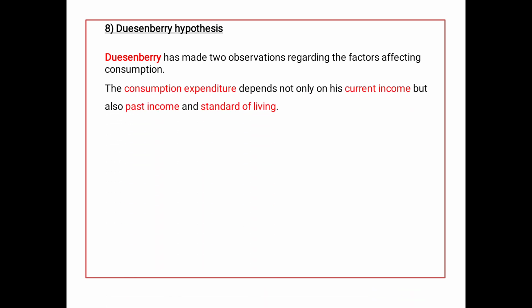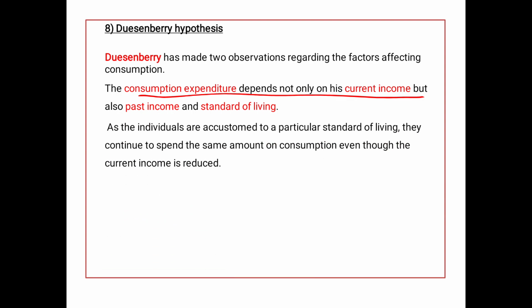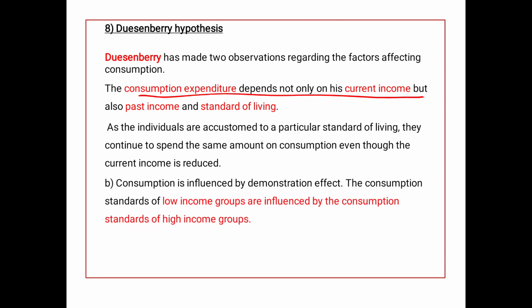First one is consumption expenditure depends always on the current income, but also on past income and standard of living. So your standard of living also depicts a person's consumption level. As individuals are accustomed to a particular standard of living, they continue to spend the same amount on consumption even though their current income is reduced.